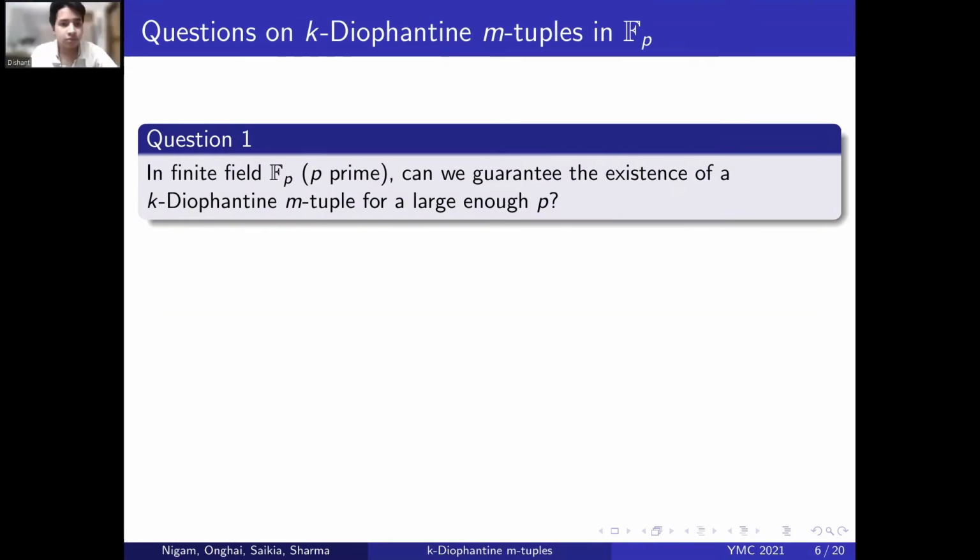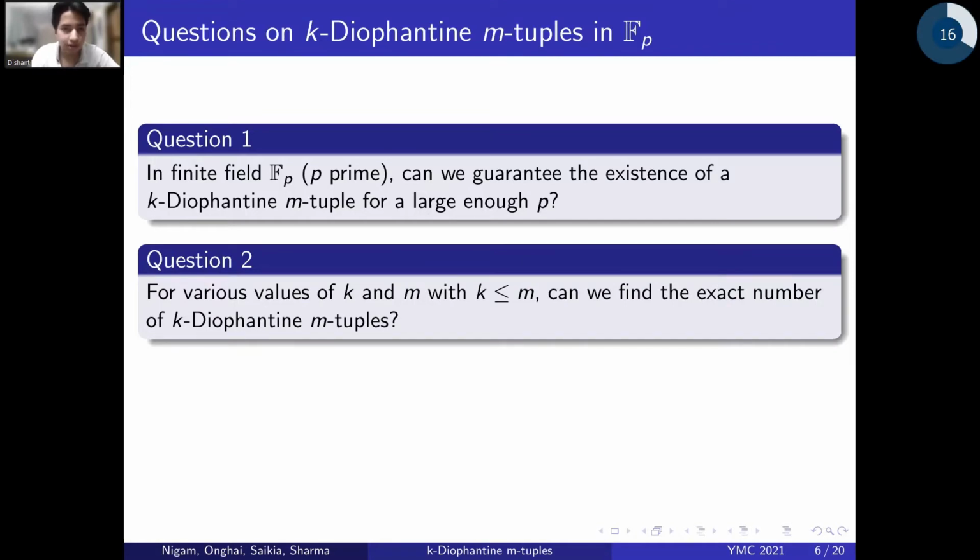So Arjun mentioned a few results found by Dujella and Kazalicki for Diophantine m-tuples in finite fields of the form F_p. With the aim of finding similar results, we tried to answer the following questions. The first question involves the existence of a k-Diophantine m-tuple for large enough p.